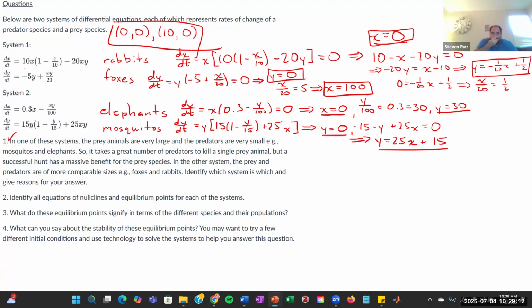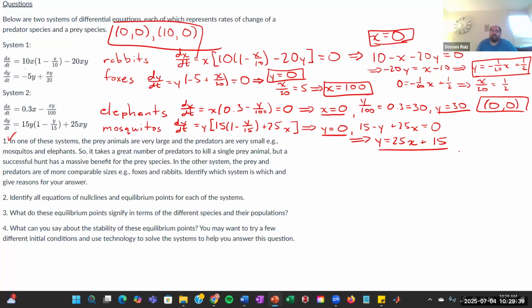So now where am I going to have equilibrium here? We can do the same kind of checking intersections between each one. Let's say x equals 0. Is it possible for x equals 0 and y to equal 0? Yes, that's true. So one of my equilibria here is, again, extinction. No elephants, no mosquitoes.